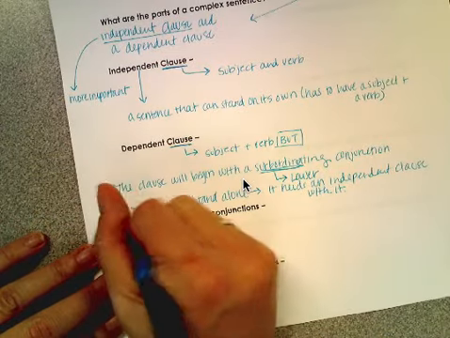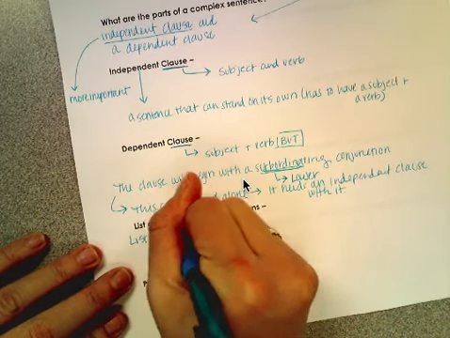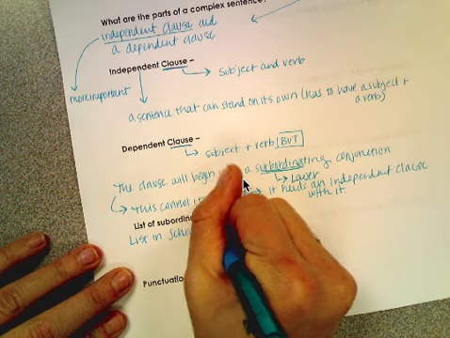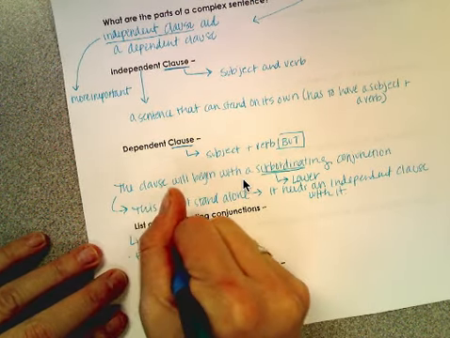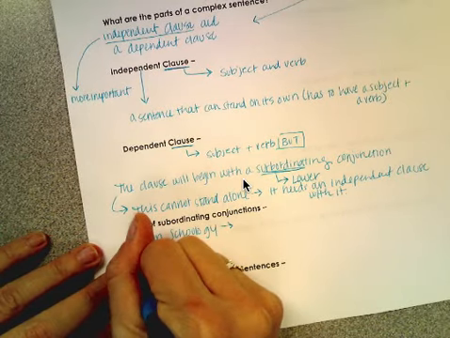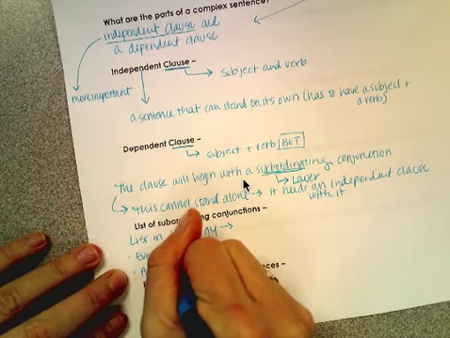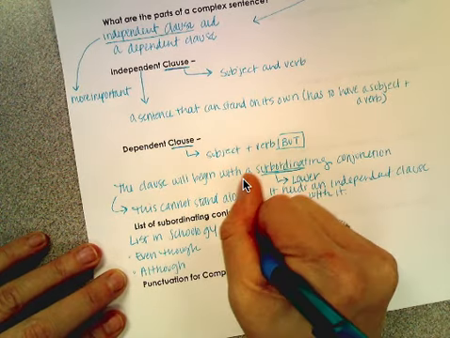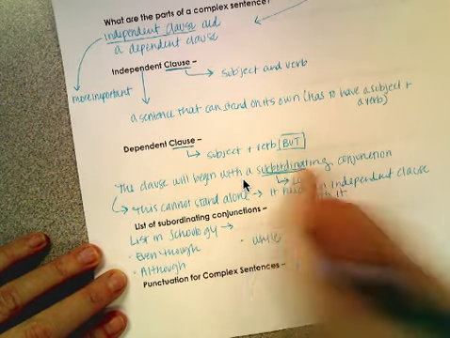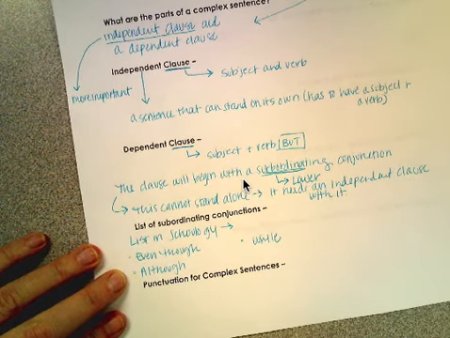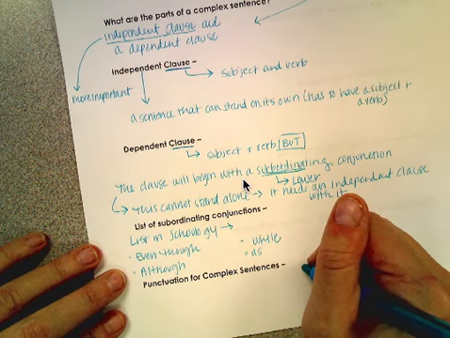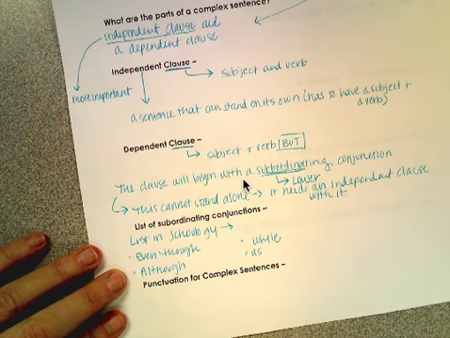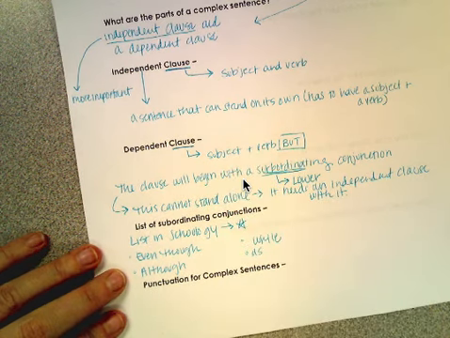So for subordinating conjunctions, we talked about these, and you have a list in Schoology. Some of the fan favorites you'll see are even though, although, while, as, and so on. Make sure you're looking at your list in Schoology.